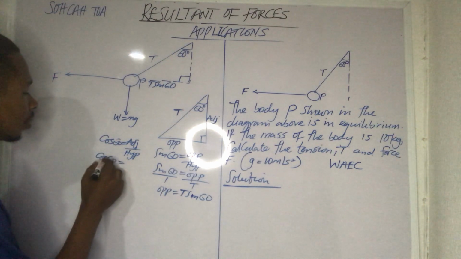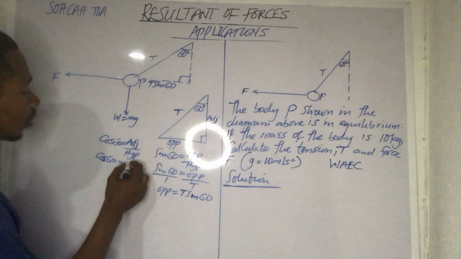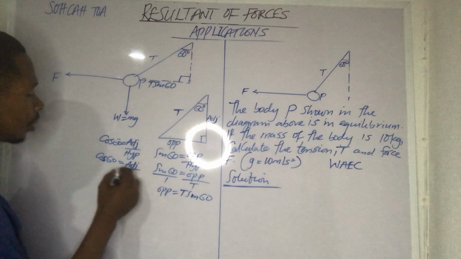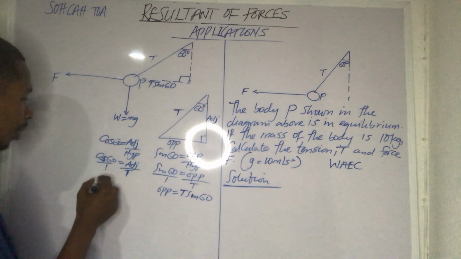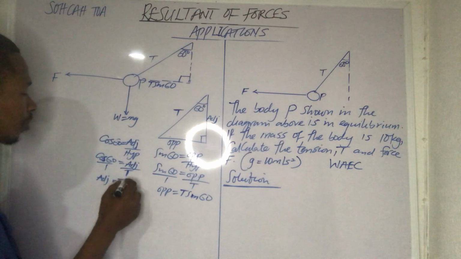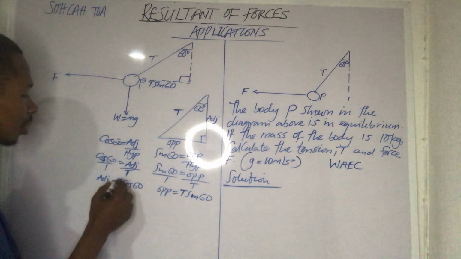Adjacent is what I'm looking for, and hypotenuse is T. This over 1, if I cross multiply now, my adjacent times 1 is adjacent, which will give me T cos 60.